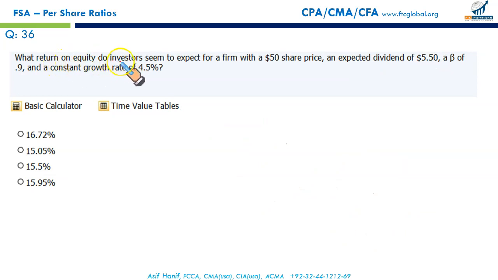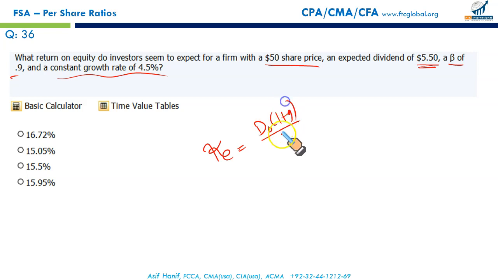What return on equity do investors seem to expect for a firm with a $50 share price, an expected dividend of 5.5, a beta of 0.9, and a constant growth of 4.5%? Okay, now the equity investors' cost of capital, the cost of equity, is equal to the current dividend, that is D0 into 1 plus g upon the current share price plus growth rate.